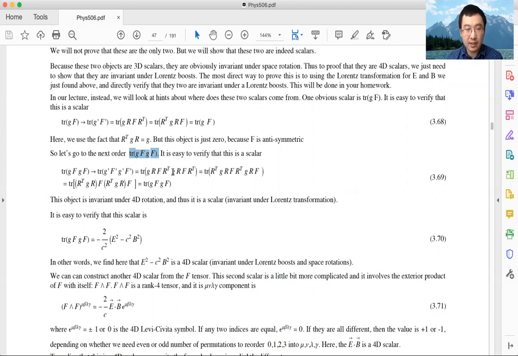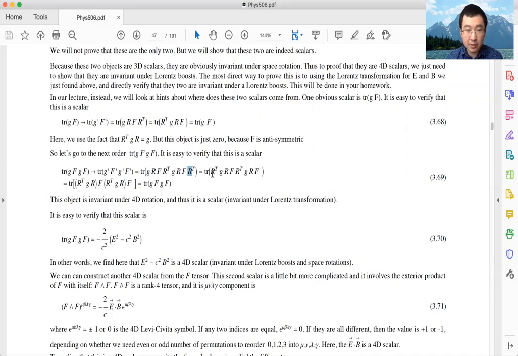Then again we reorder these matrices. We move the last R transpose to the front, and because we are taking the trace, moving this R transpose from the last position to the front doesn't change the trace.